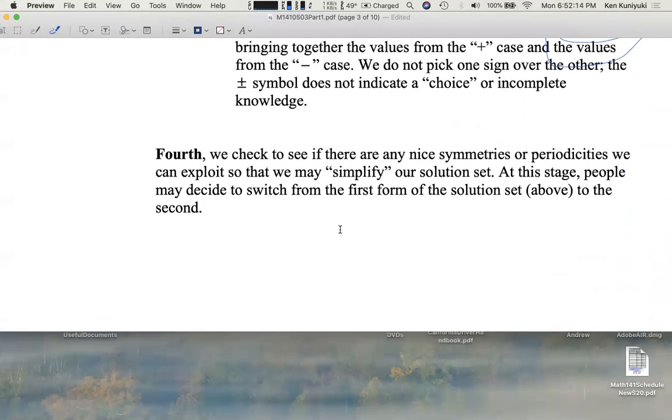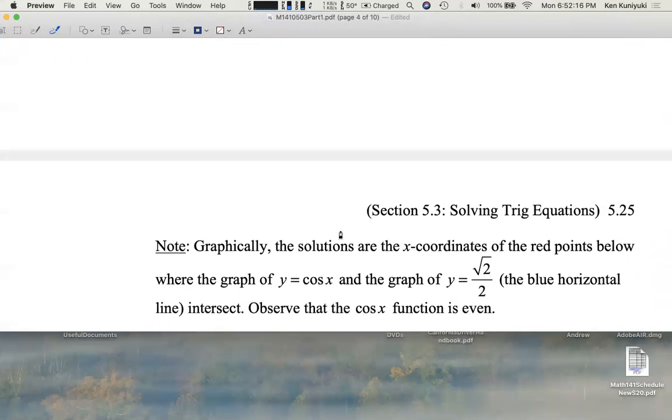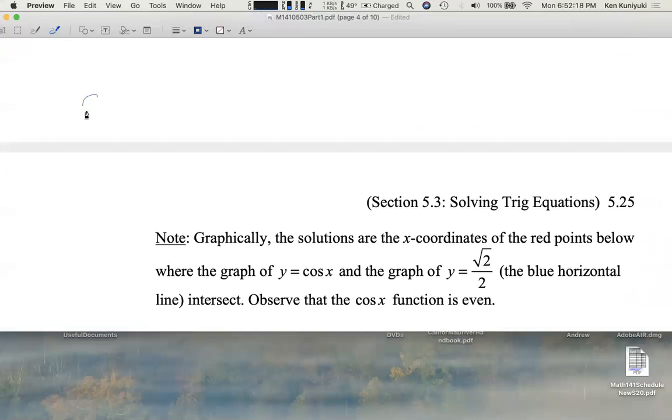Let's talk about some graphical implications. Again, after our algebraic manipulations, we're solving the equation cosine of x equals root 2 over 2. And we want to know the real values of x that will make this equation true. In a way, we're solving the following system for x.